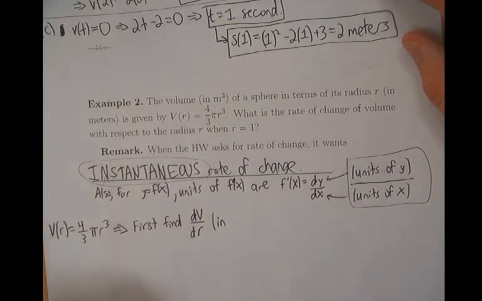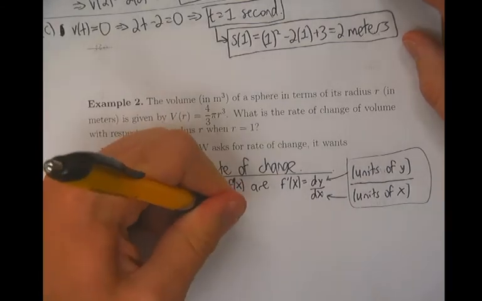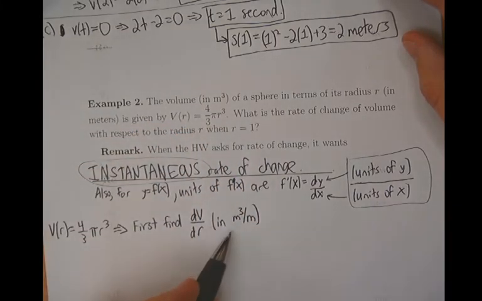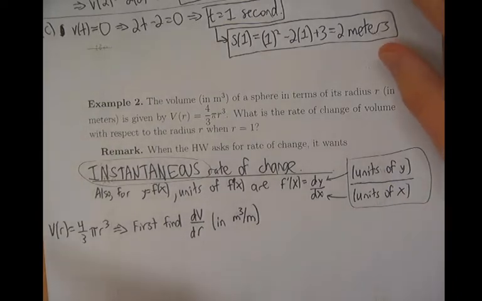Meters squared? Right idea, but we don't want to simplify it quite to that. Oh, so meters cubed over meters. Yeah, in this case, you want meters cubed over meters. Because the rate of change is basically saying you want the rate of change of cubic meters per meter, essentially. So that's the idea behind that.